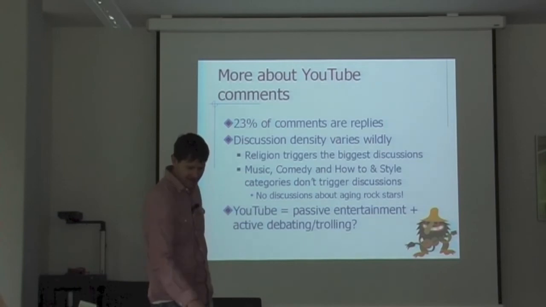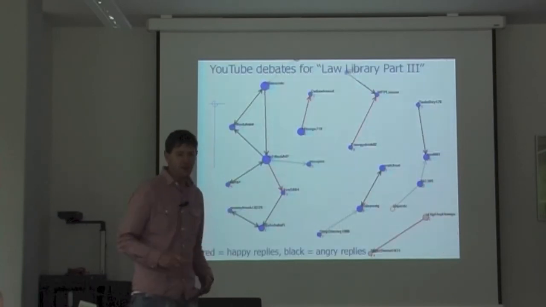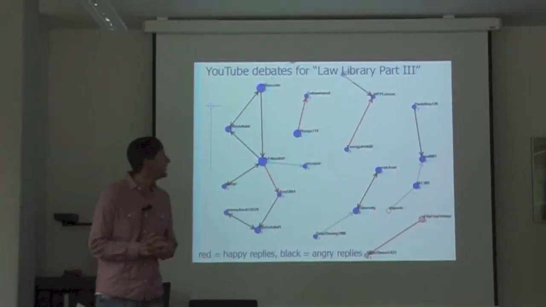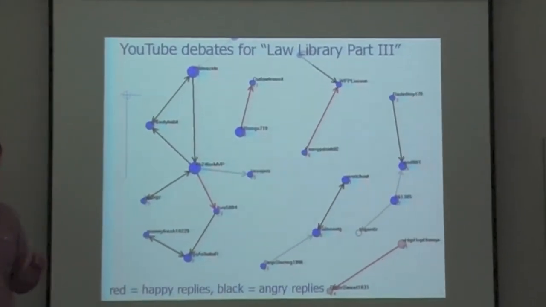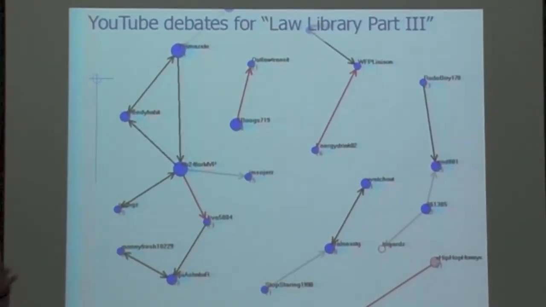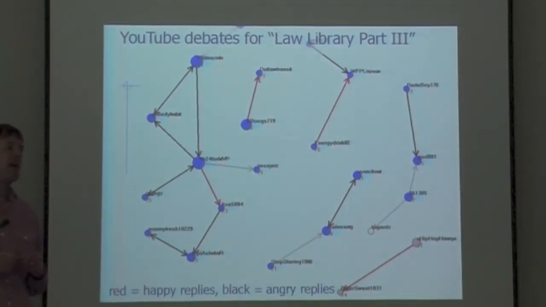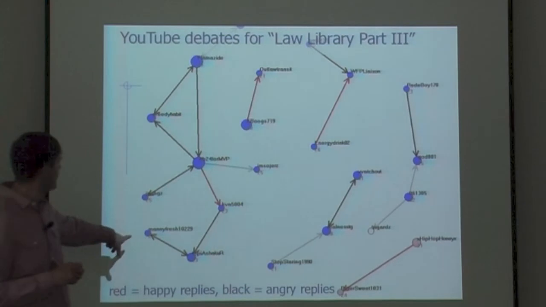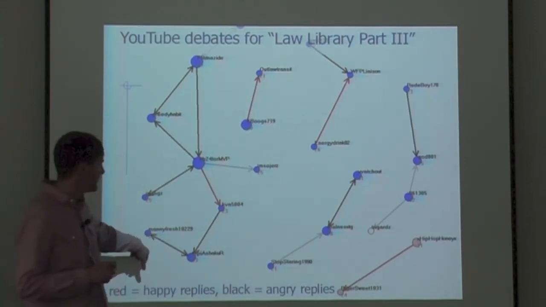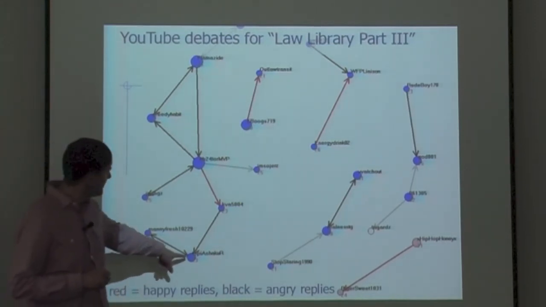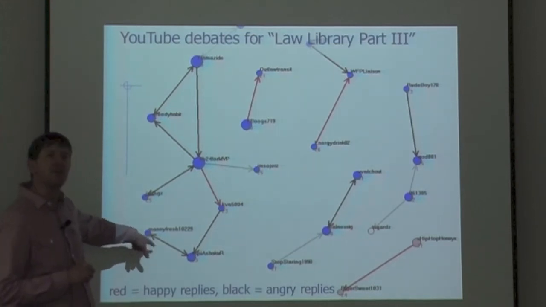Okay, so a network thing that you can do with YouTube, with a free program, is you can take the comments on a video and turn it into a network where the nodes are the people who made the comments, and the arrows between the nodes show who replied to whose comment.